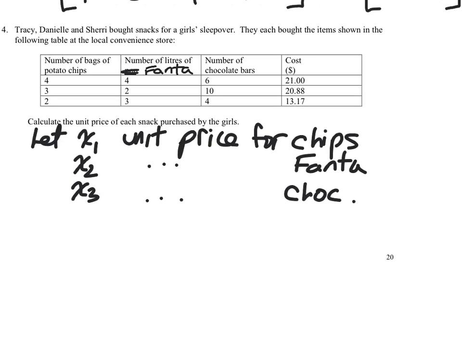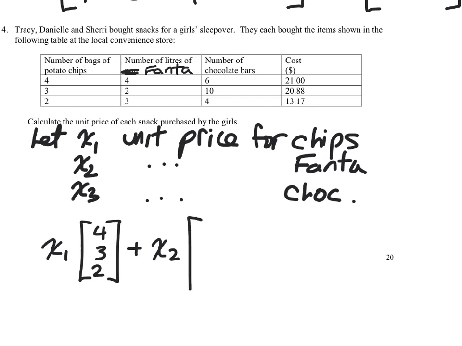All right, so X1, 432 plus X2, also 432, or 423. So same numbers, different arrangement. 6, 10, 4.